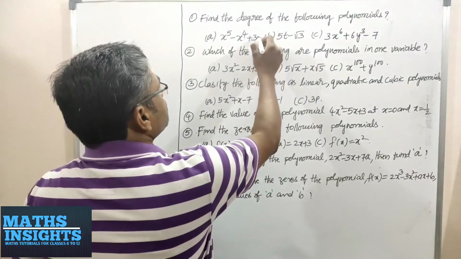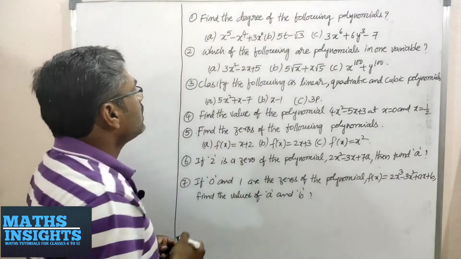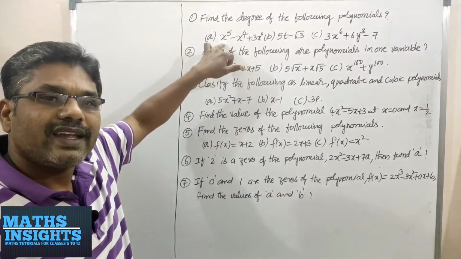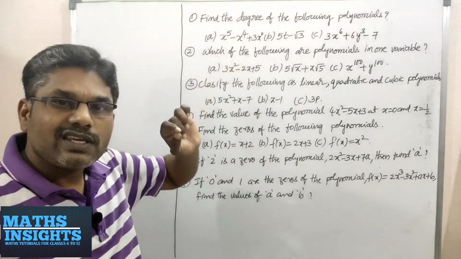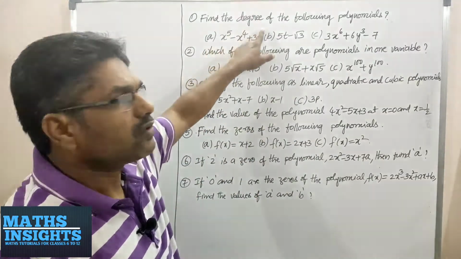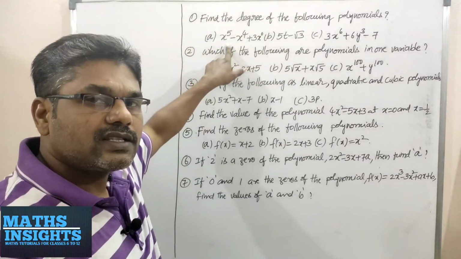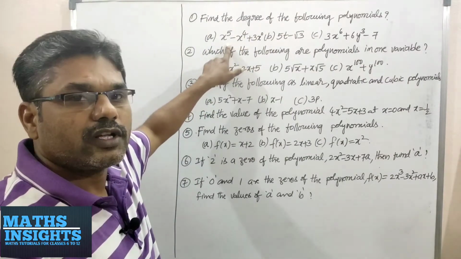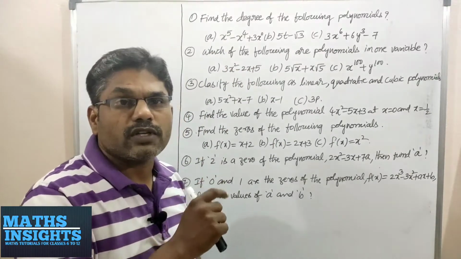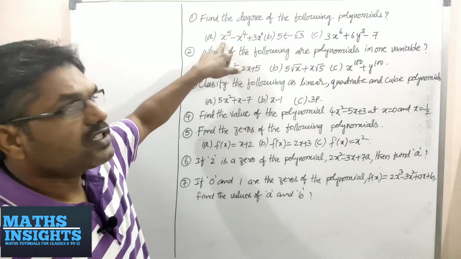Because you may write x power 0. So the highest degree of any term in the polynomial is the degree of the polynomial. If you observe 5, 4, 0, 5 is the highest degree of an individual term, then that will become the degree of the given polynomial. So 5 is the degree of this polynomial.